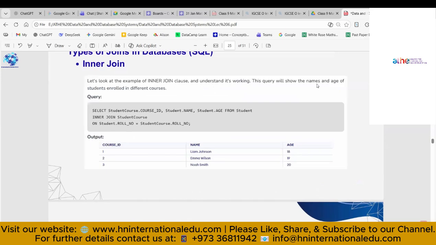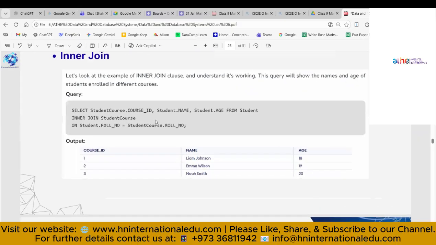This query will show the names and ages of students enrolled in different courses. It's a query written in SQL where you have select student course ID, and then student dot name, student dot age. You are selecting all of these columns from the student table. Then you are joining using inner join student course on student dot roll number equals student course dot roll number.